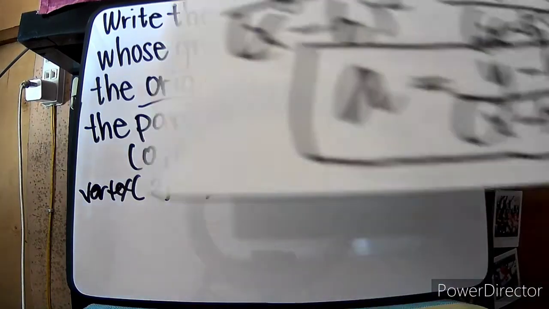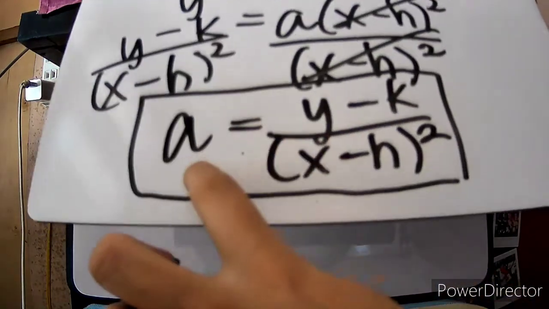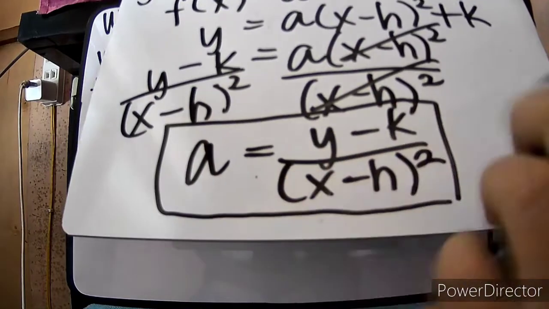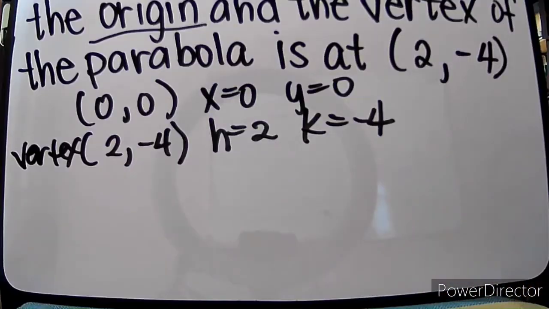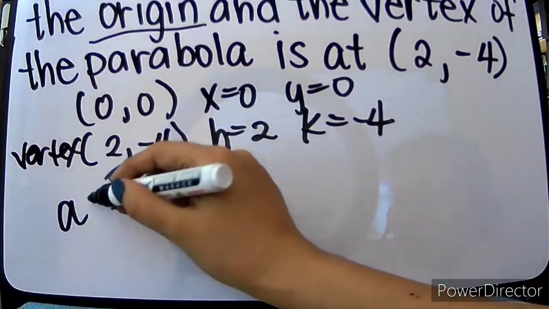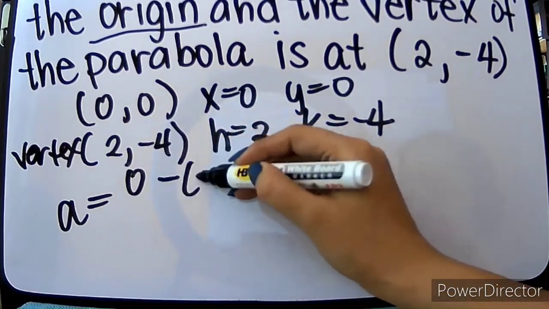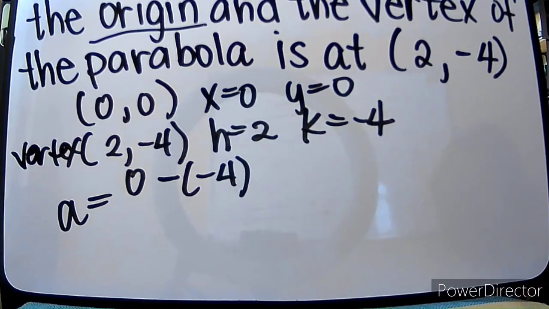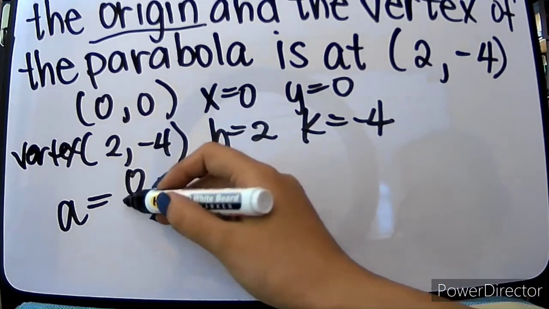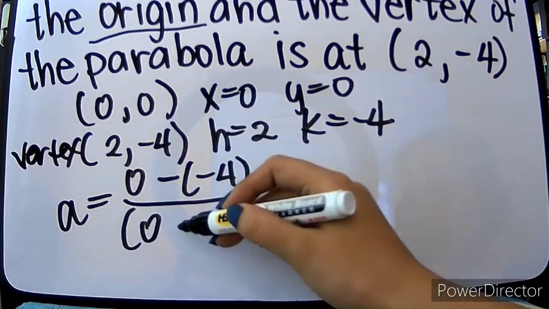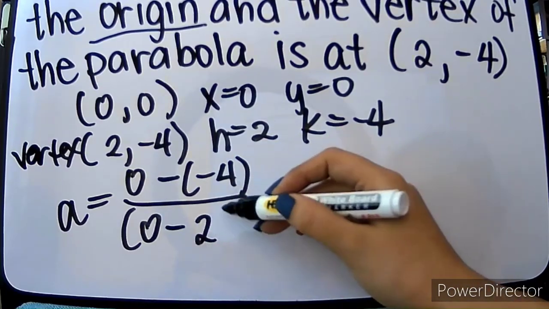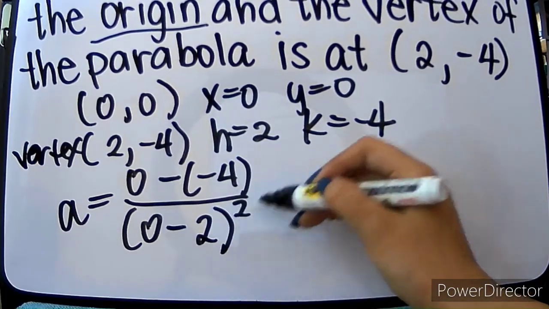So, this is again the formula for a. A is equals to y minus k over the square of x minus h. So, let's solve for our a. Y is 0 minus -4, which is our k, over yung x ulit minus 2, which is our h, and then kuha natin yung square nun.